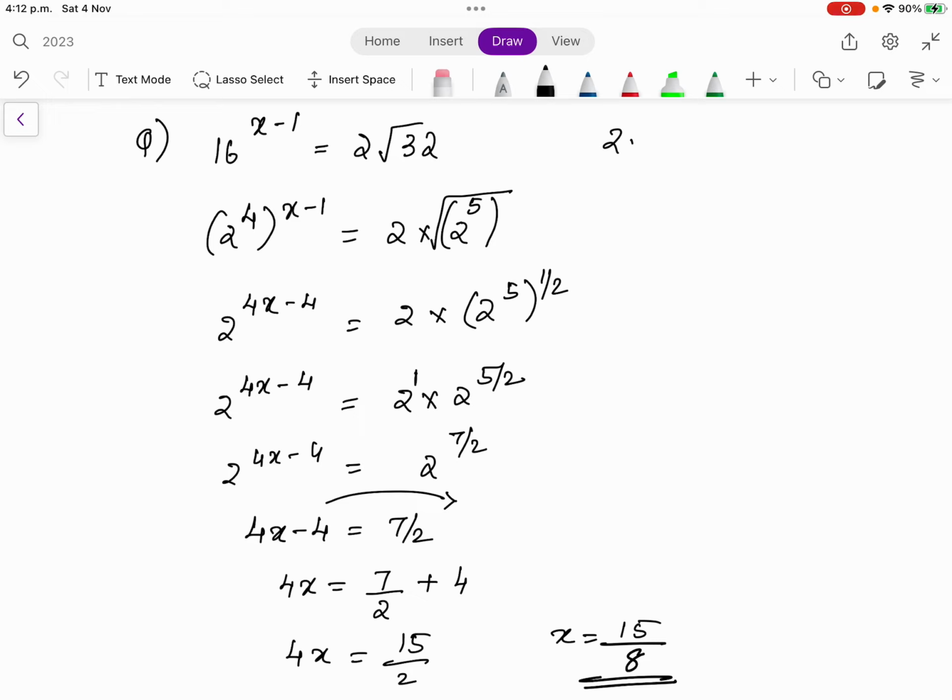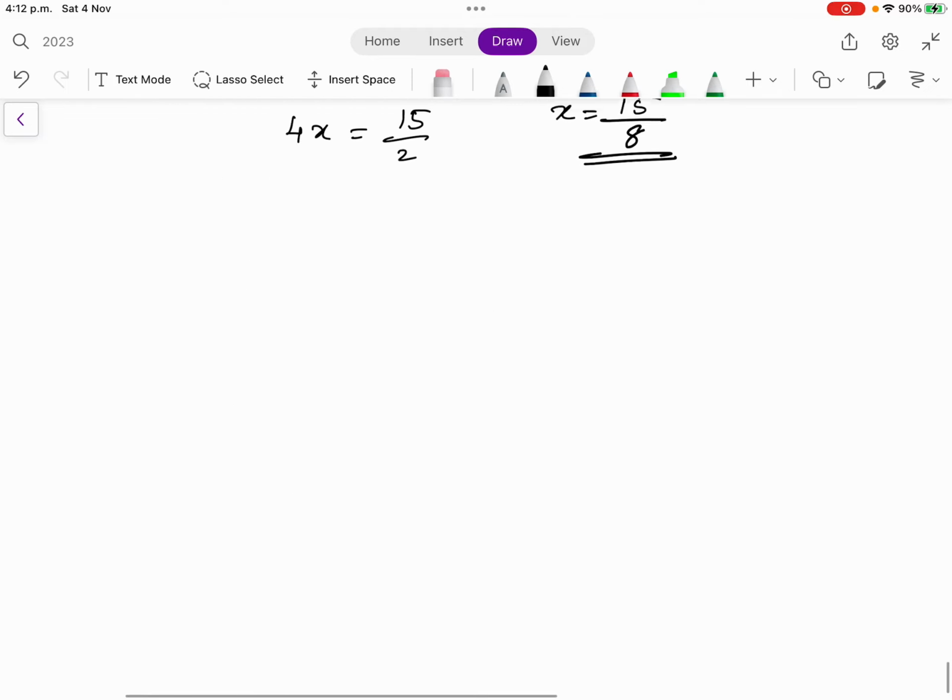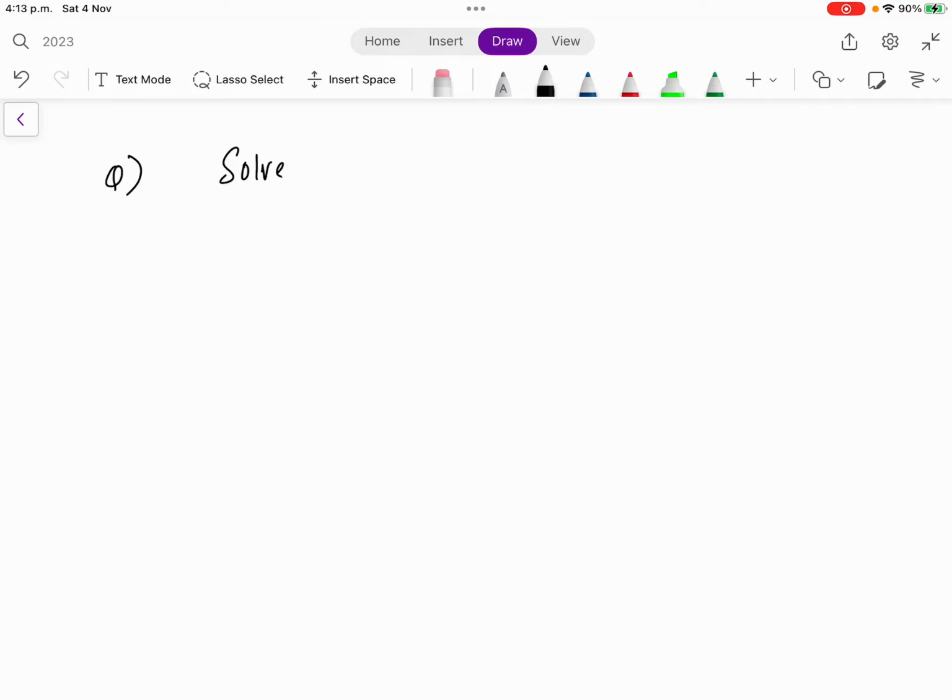Okay. Now, if you have another question, solve the equation 3 to the power of, okay, let me just write the question first. Solve 3 to the power of 2x minus 12 into 3 to the power of x plus 27 is equal to 0. Okay.